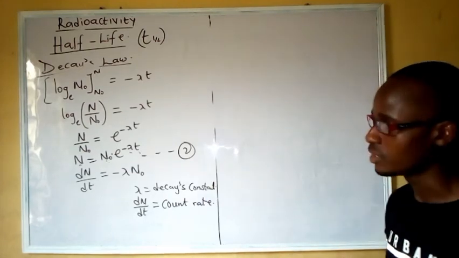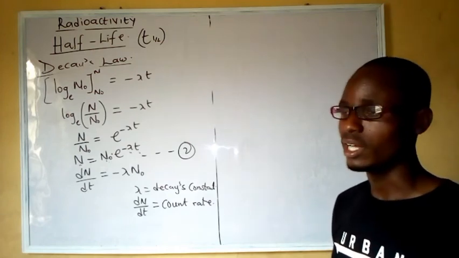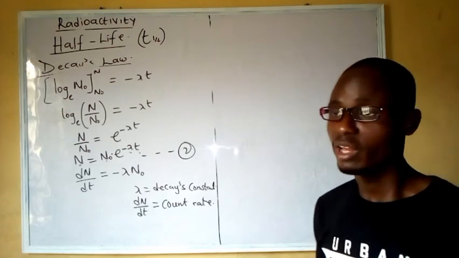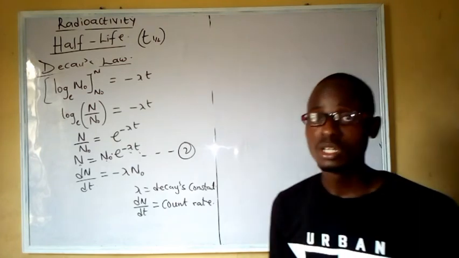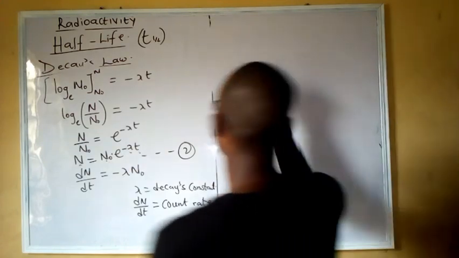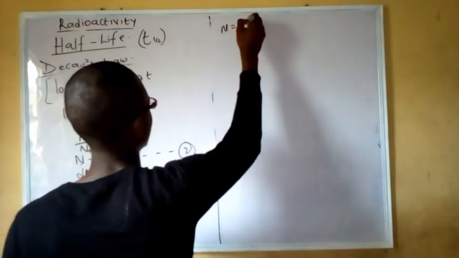If I have decided that at half-life, at that particular time, the number of atoms left will be half of the number of atoms present. Take for instance, N represents the number of atoms left.